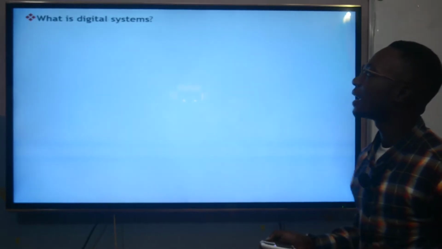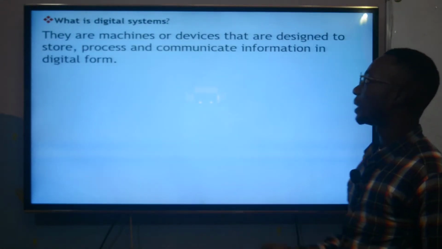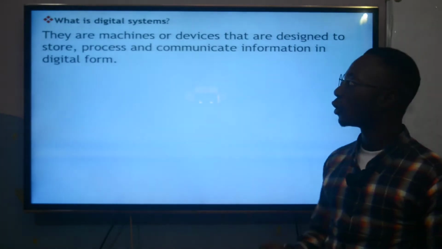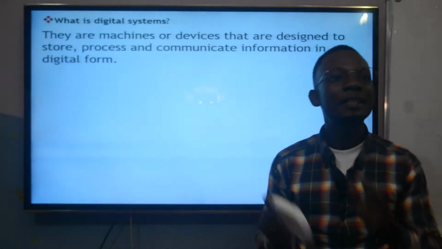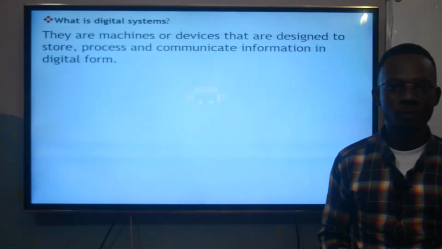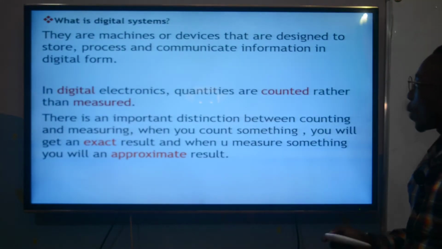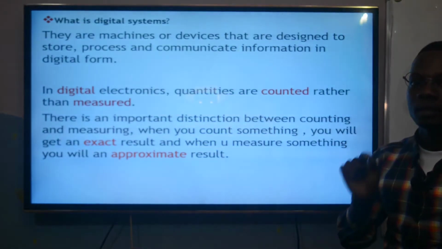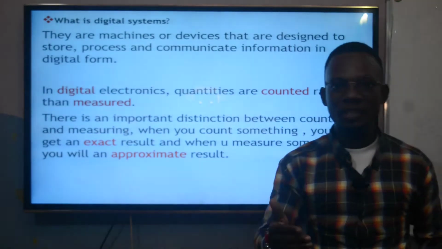Now, when we say a digital system, what does it mean? The definition says they are the machines or devices that are designed to store, process, and communicate information in digital form. Still, we have another explanation: in electronics, quantities are counted. Note that word, counted, rather than measured.